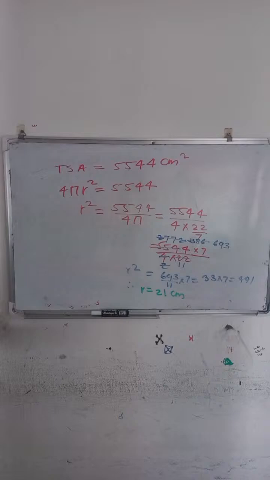Find the quantity of water in liters that a conical vessel of radius 7 centimeter and slant height 25 centimeter can hold.